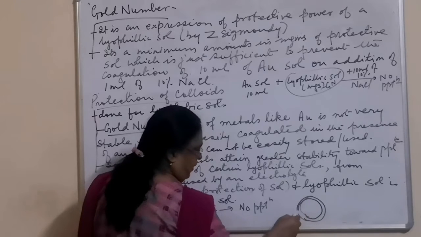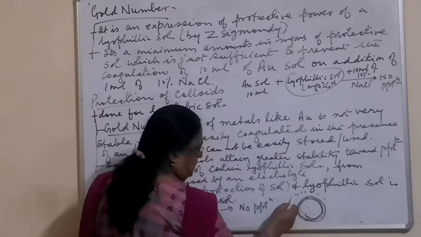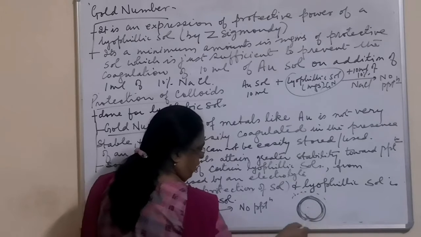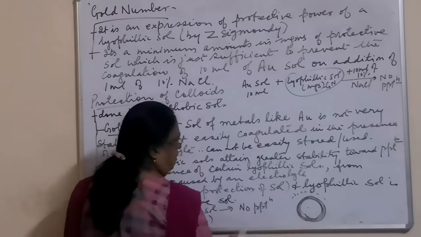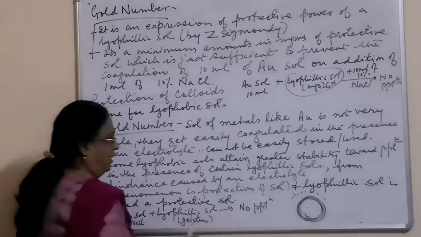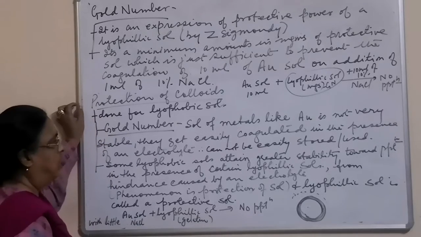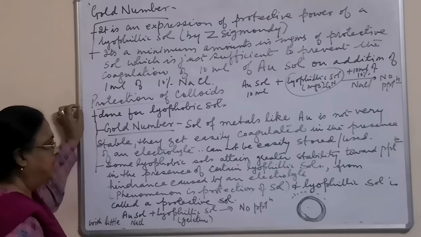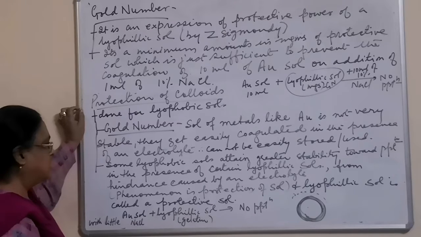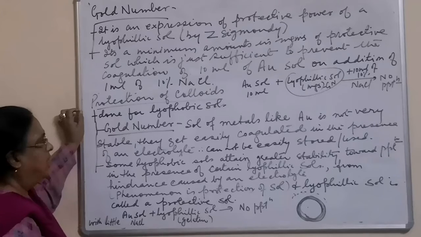This cuts the connection between the electrolyte and the lyophobic sol, and since the two are not in contact, the precipitation is checked and does not take place. Such lyophilic sols, added to prevent coagulation, are called protective colloids. Although the lyophobic sol has electrolyte impurity, it doesn't get coagulated.